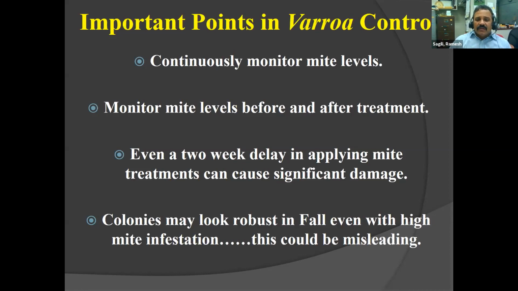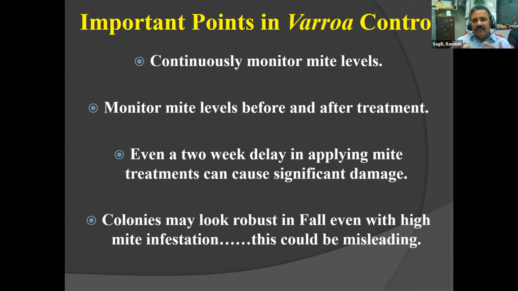So colonies may look robust in fall, and I see this with new beekeepers. They always say, "Oh, I had this great hive with 17, 18 frames going into winter by October, and then suddenly everything was gone. Like by December, most of the bees were dead." So again, the immune system is compromised by these mites. They're not only doing a physiological damage, but they're also transmitting several viruses. So your bee's immune system is totally compromised.